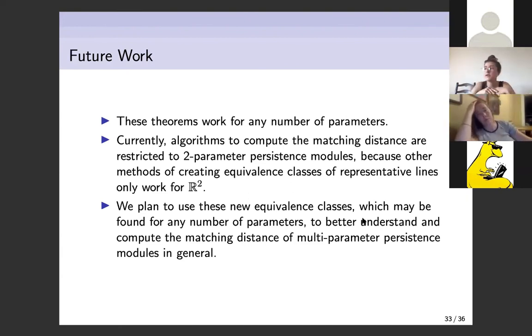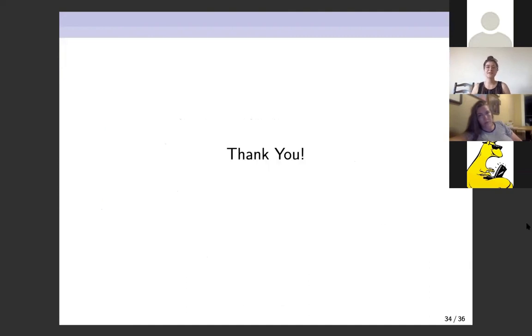The current algorithms available for computing the matching distance are restricted to 2-parameter modules, as they also use equivalence classes of lines, but these do not extend to parameter spaces with n bigger than 2. And that is it for today. Thanks a lot for your attention.